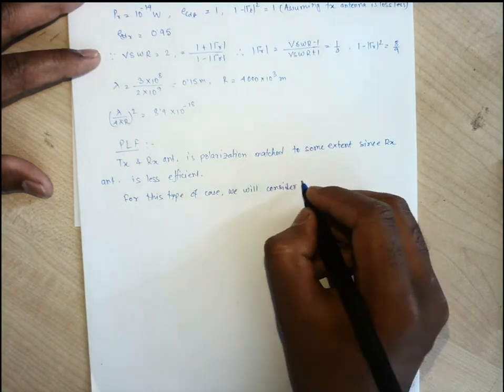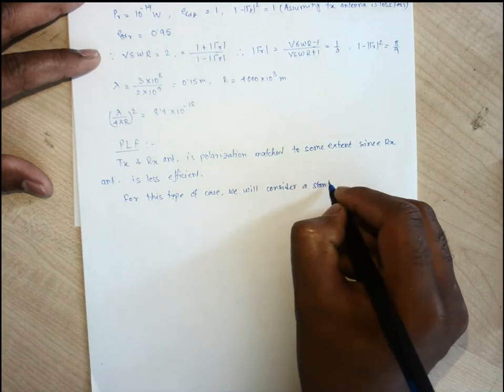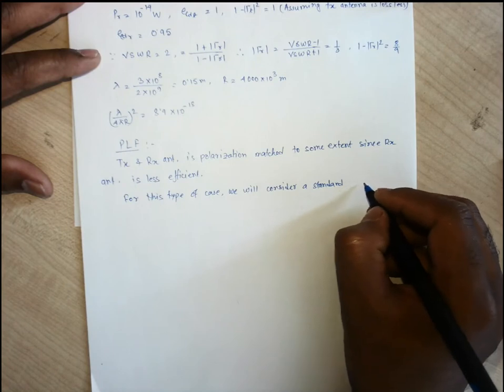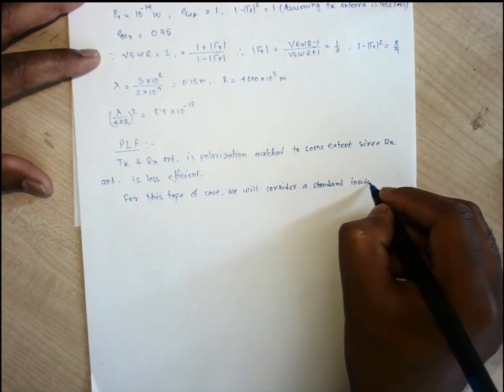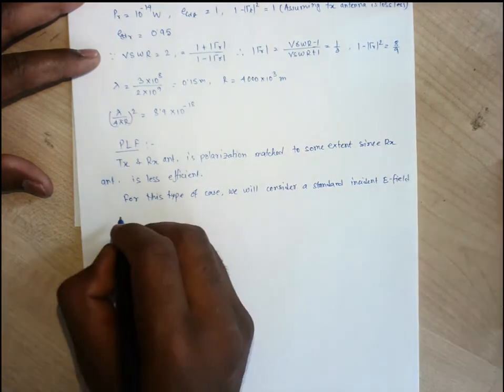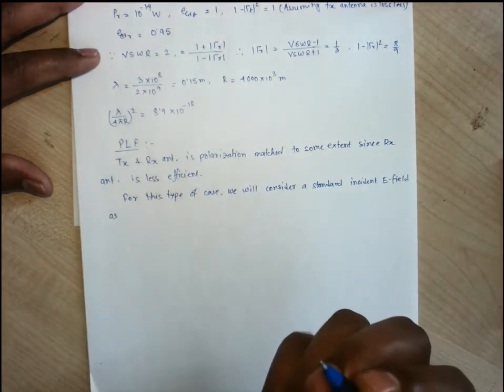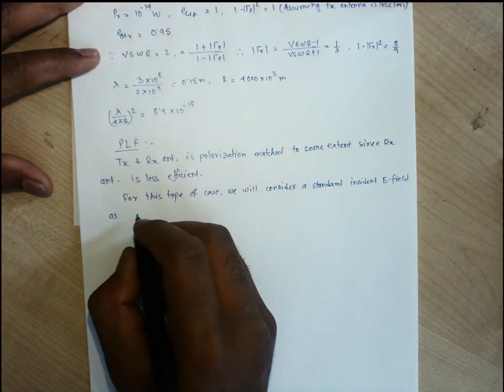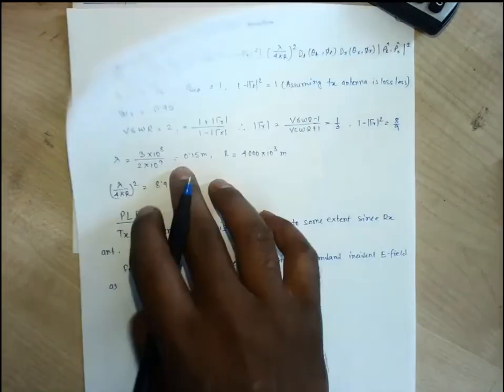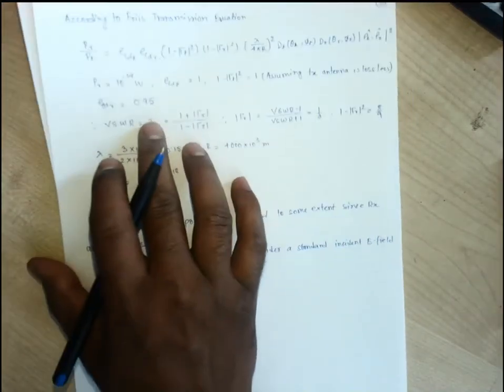a standard incident electric field as EI is equals to the opposite of this polarization match. Just try to have a look on this.